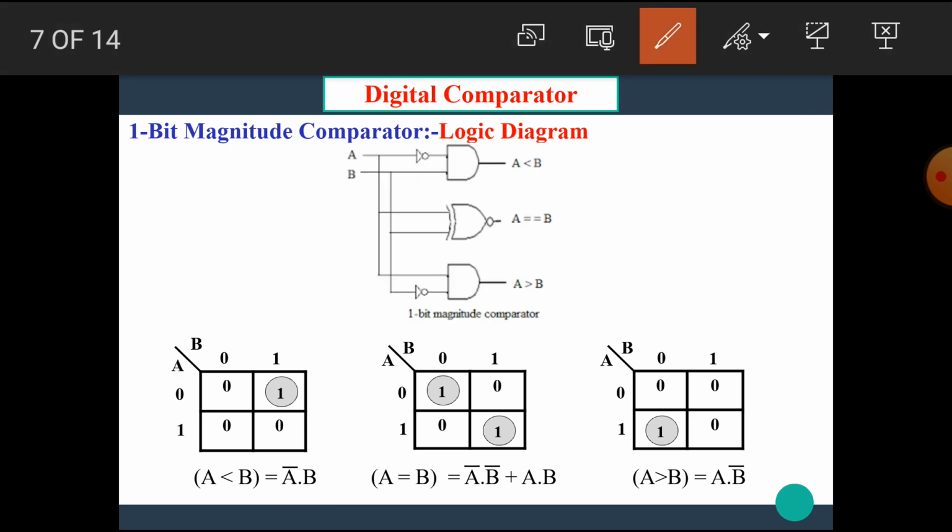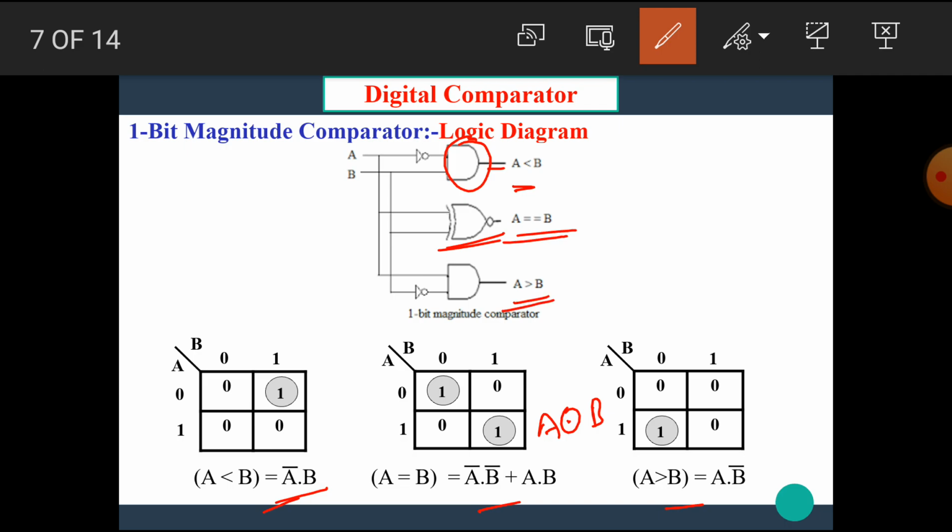Now, according to these equations, we can draw the logic diagram. For A less than B, we get the equation A bar into B. For A equal to B, we get the equation A XNOR B, hence we put an XNOR gate.